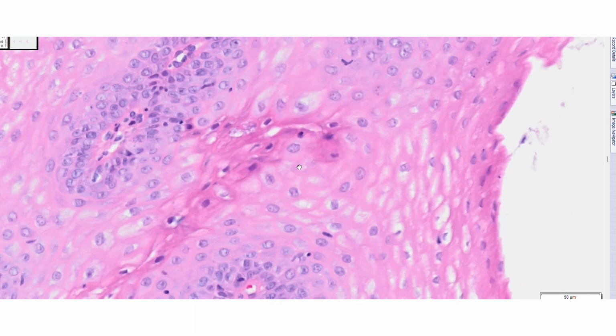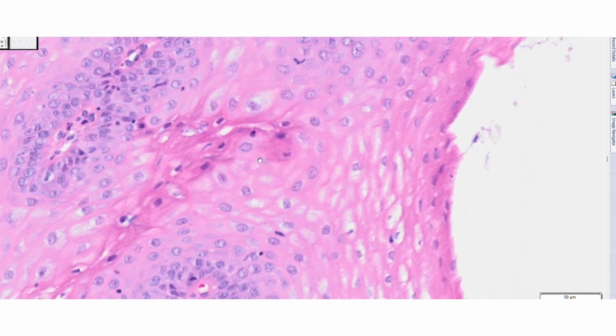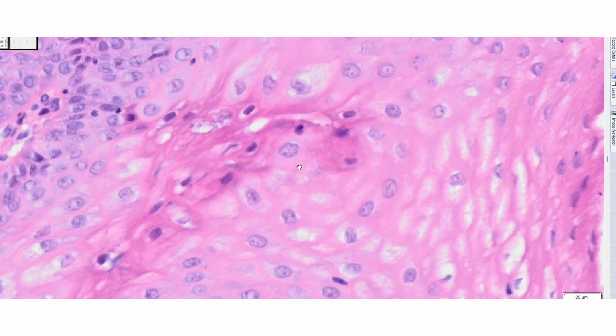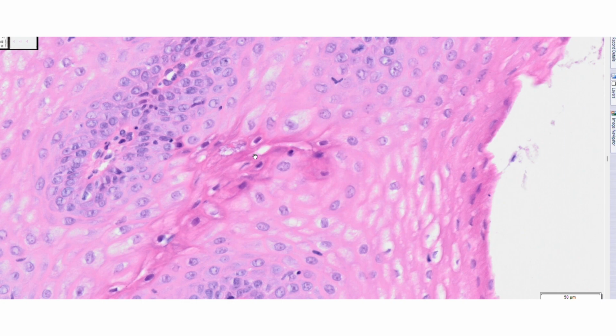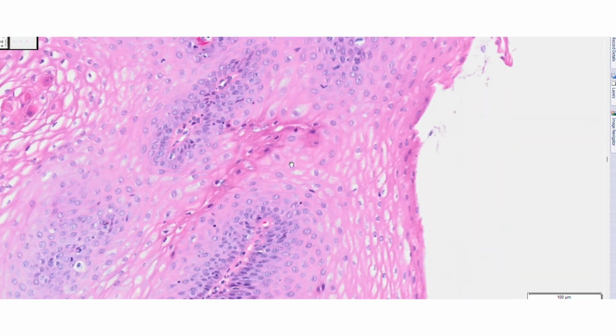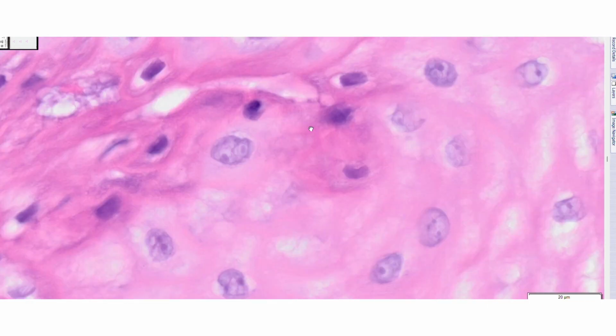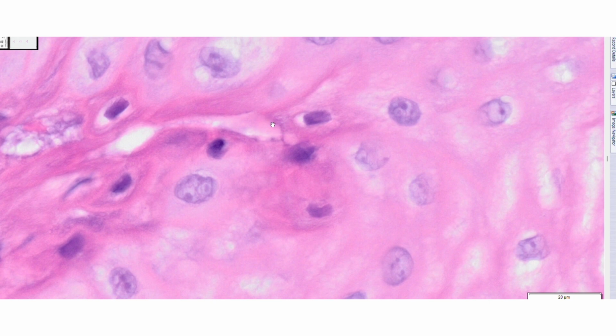It's not diagnostic at a species level, but it is embedded in the tissue, and it is a worm. This is a long, slender worm here, and you can see the head of the worm here, and this ball.